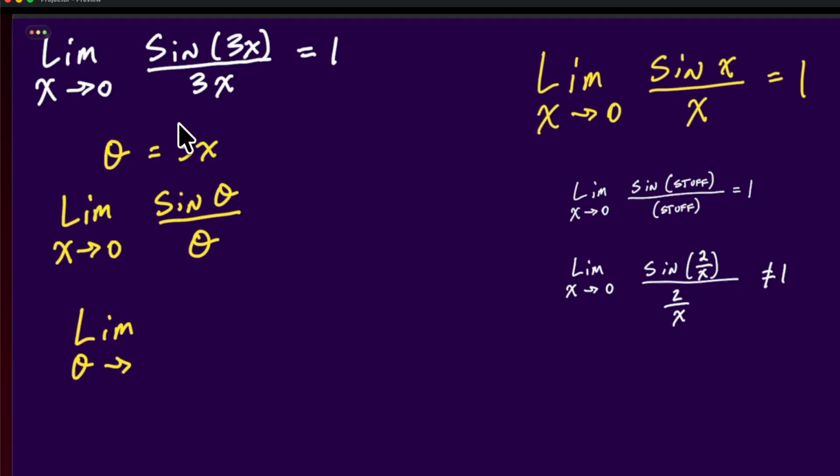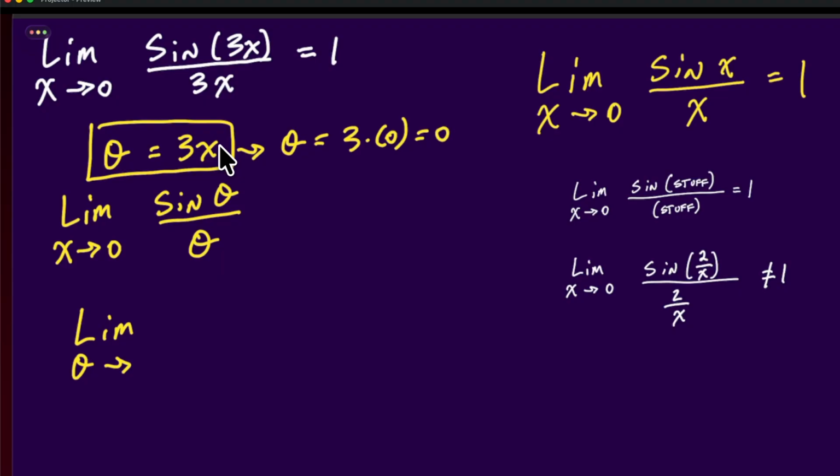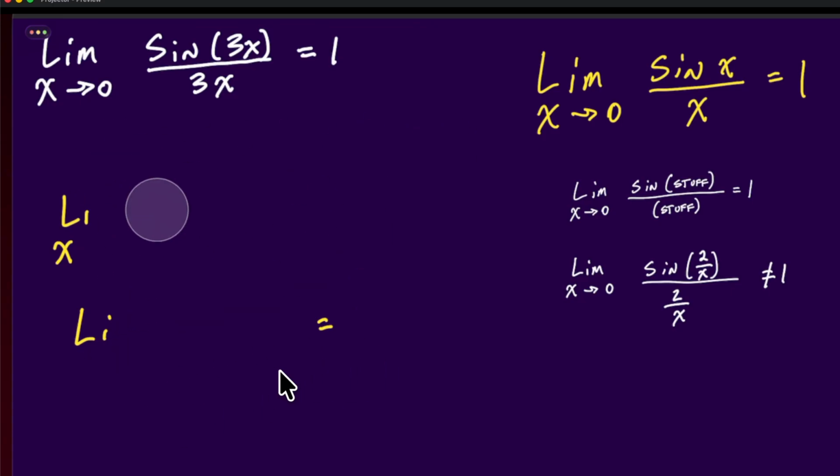So as x goes to 0, if you look at our definition of theta, theta is going to equal 3 times 0, or 0, and therefore, as x goes to 0, theta goes to 0, and the sine of theta over theta holds, because this theta is going to 0 just like the original x was. Now, let's look at this other limit. Let's see what happens.